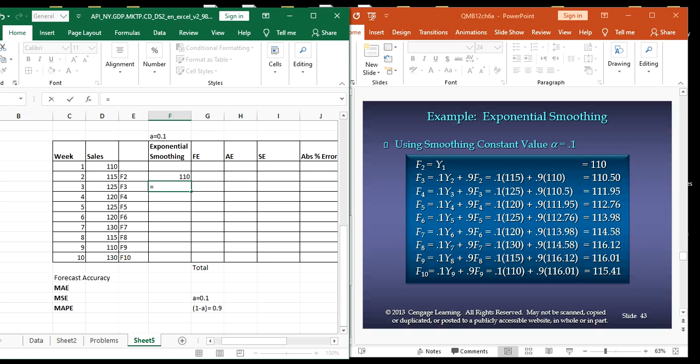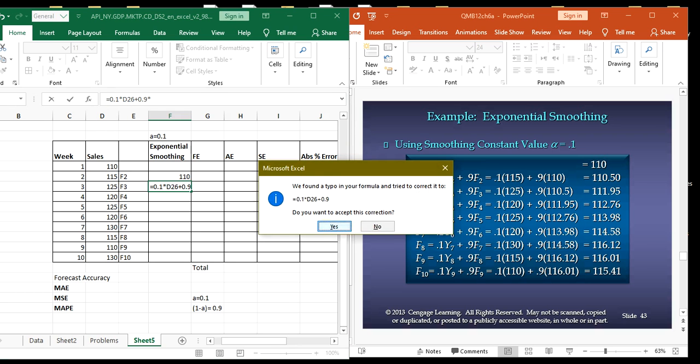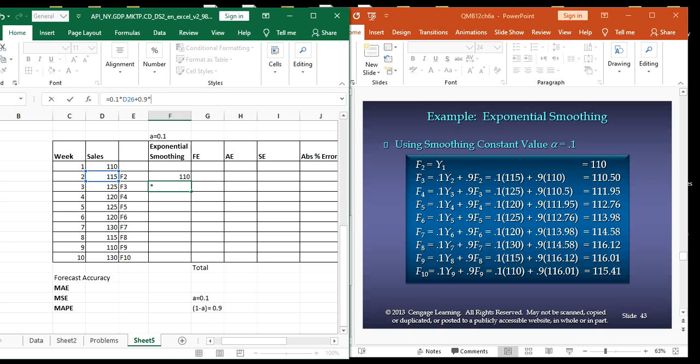But when we go to F3 we calculate 0.1 multiplied by the second actual sale, plus 0.9 multiplied by Y, and we obtain 110.5.